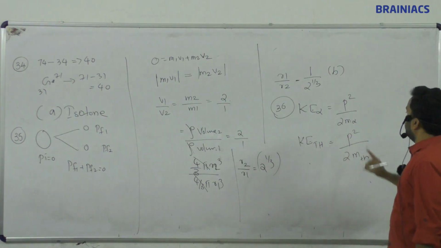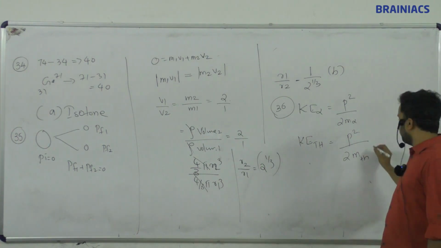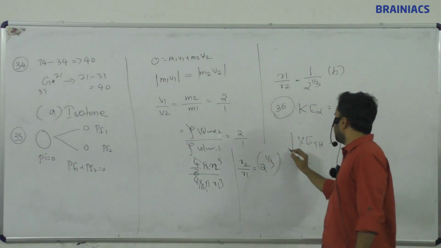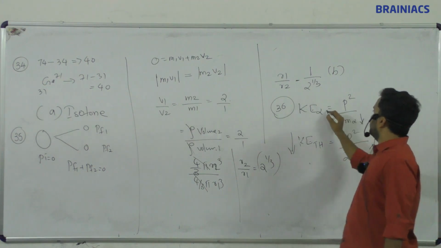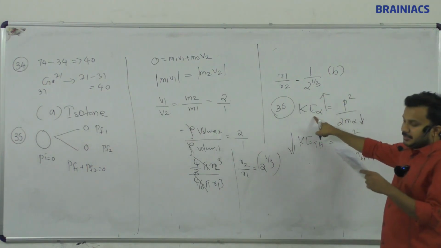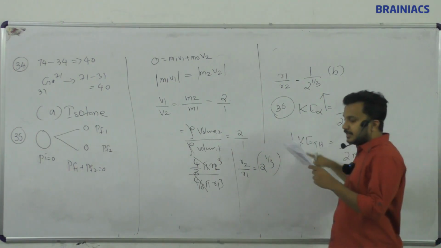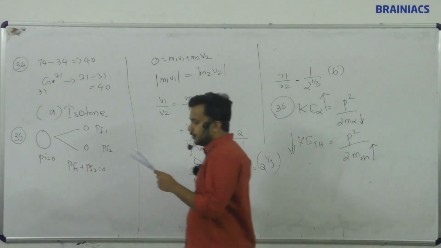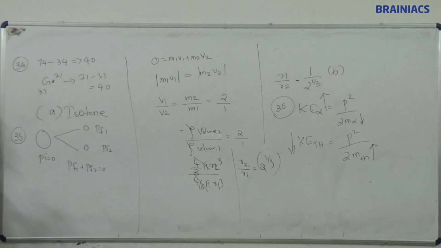The mass of thorium, 236 or something like that, is higher, so its kinetic energy is lesser. The m alpha is lesser, so kinetic energy is higher. So kinetic energy of helium is higher than the kinetic energy of thorium. Answer is D, 36 D.